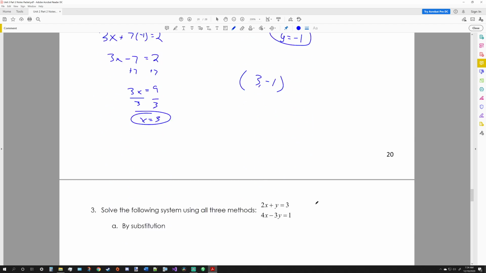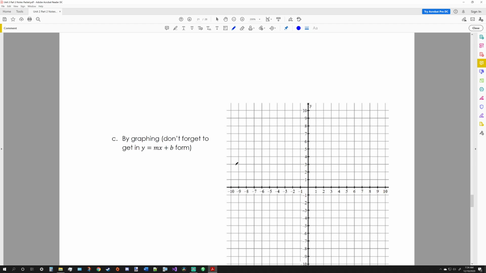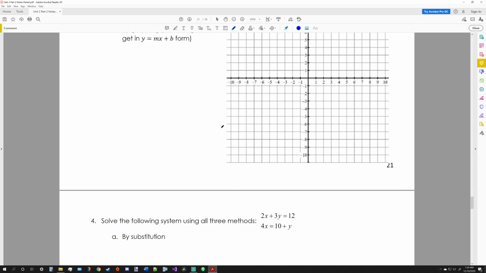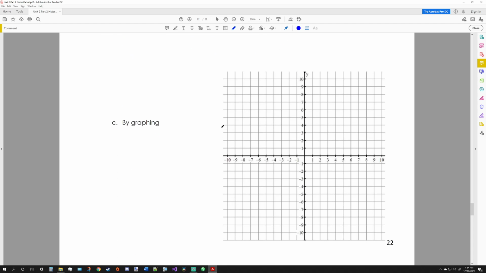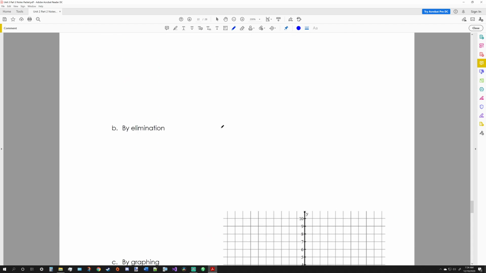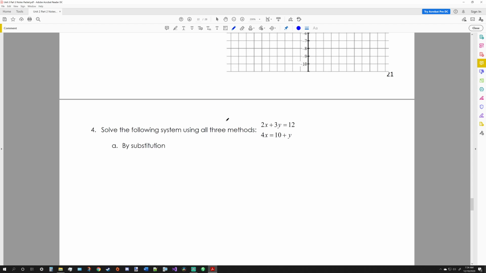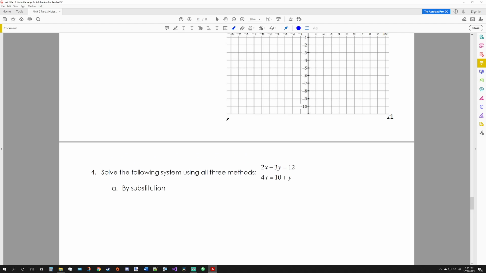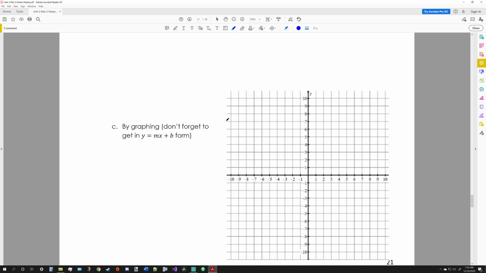All right, moving on to number 3. So that's one system that we're going to solve in the 3 different ways. And then same thing in number 4, just a different system, but we solve it in the 3 different ways. Okay, so I'll leave number 4 for you guys to do on your own, and we can maybe go over that at the beginning of the next class as well.